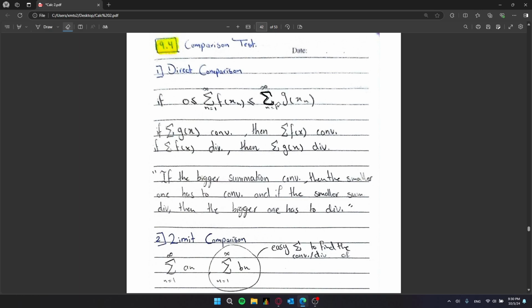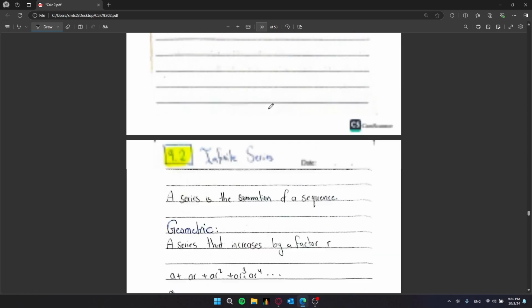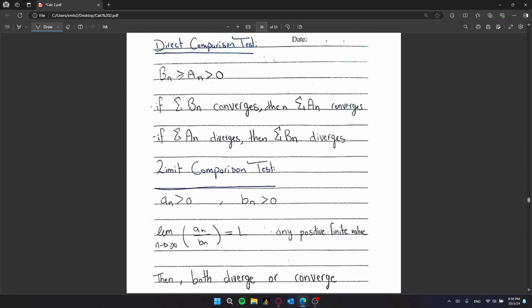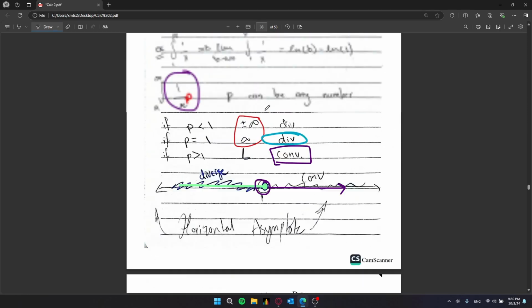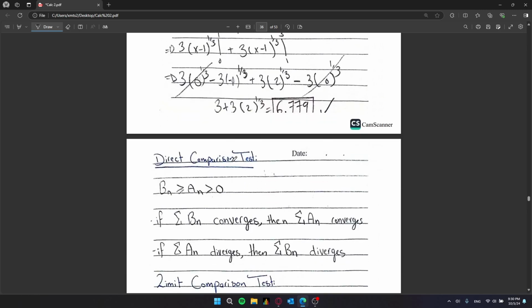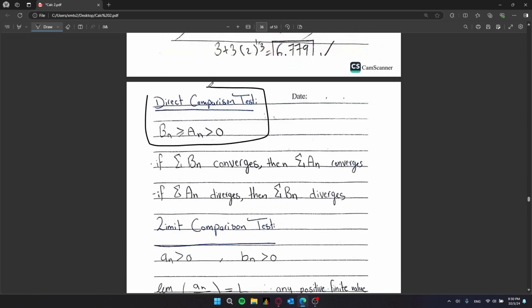We went over this actually. This is the same test that we went over in 8.7. This is the same test, direct comparison test.